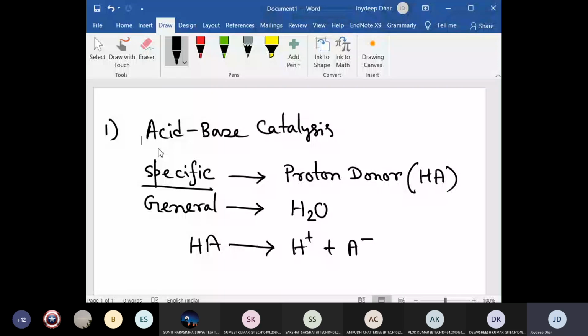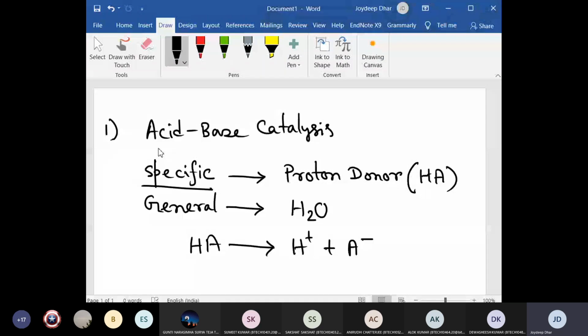Water can donate, but by the definition of acid you cannot say it is an acid. This type can act as catalyst, and those are known as general acid catalysis. So in specific you must have a proton donor acid, and in general acid catalysis you don't require a specific acid.